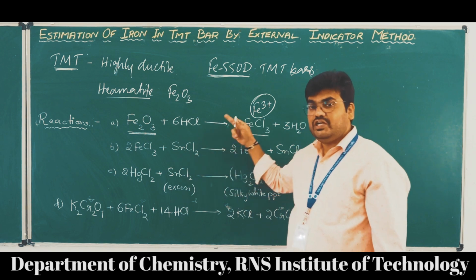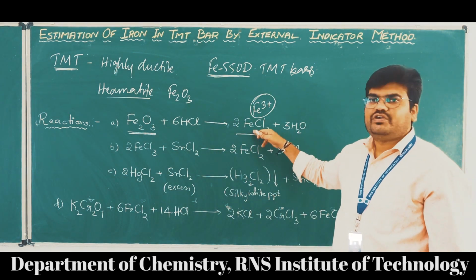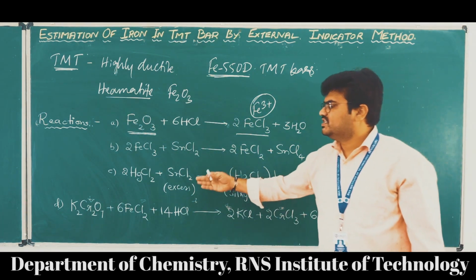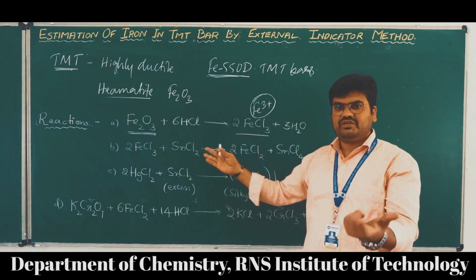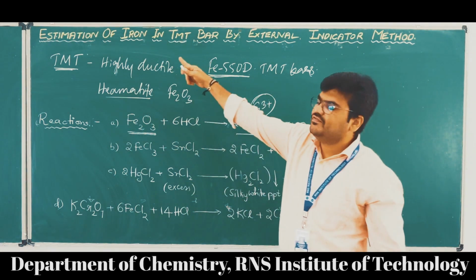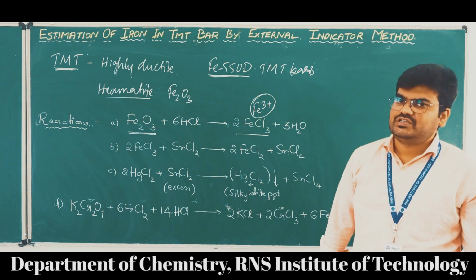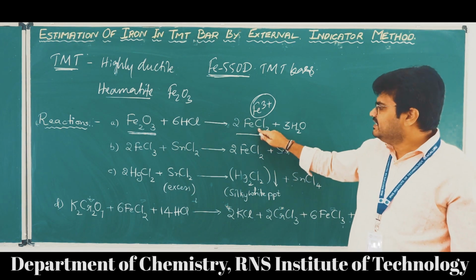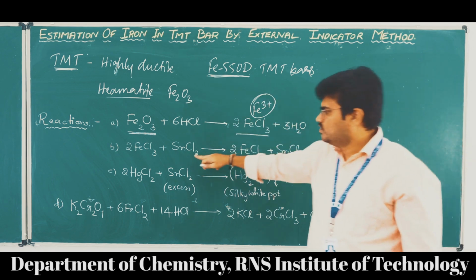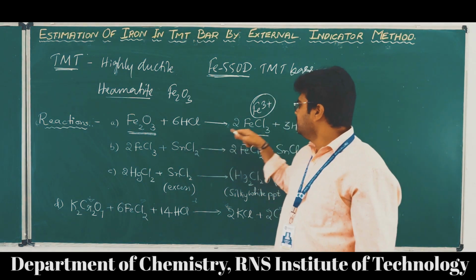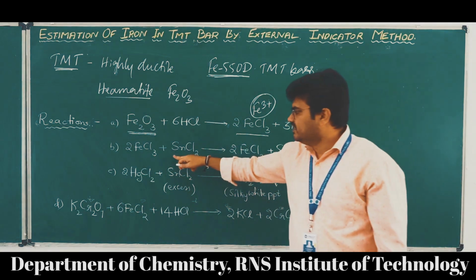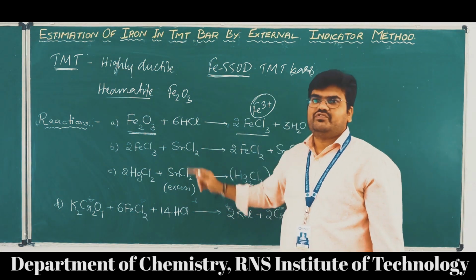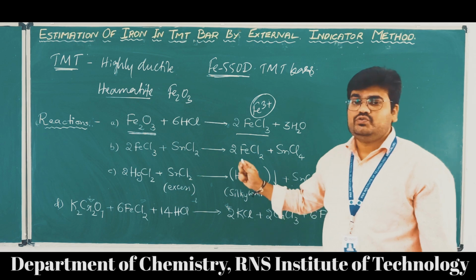So that we reduce the ferric chloride in the first step, and then in the second step we oxidize it, because we want the amount of iron present in the TMT bar solution. So the ferric chloride is first reduced by treating with stannous chloride, which is a very strong reducing agent.